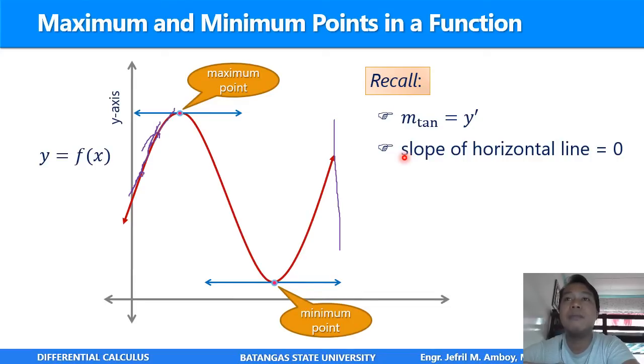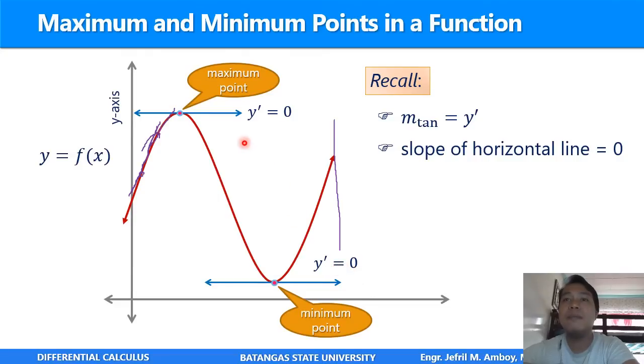We should always remember that at the maximum point or at the minimum point, the first derivative of the function is always 0. Why? Because at these points, maximum and minimum points, the tangent line is always horizontal. And remember that a horizontal line always has a slope of 0. Okay? So, tatandaan natin ha, sa maximum point and even here, at the minimum point, the first derivative of the function is always 0. Okay?